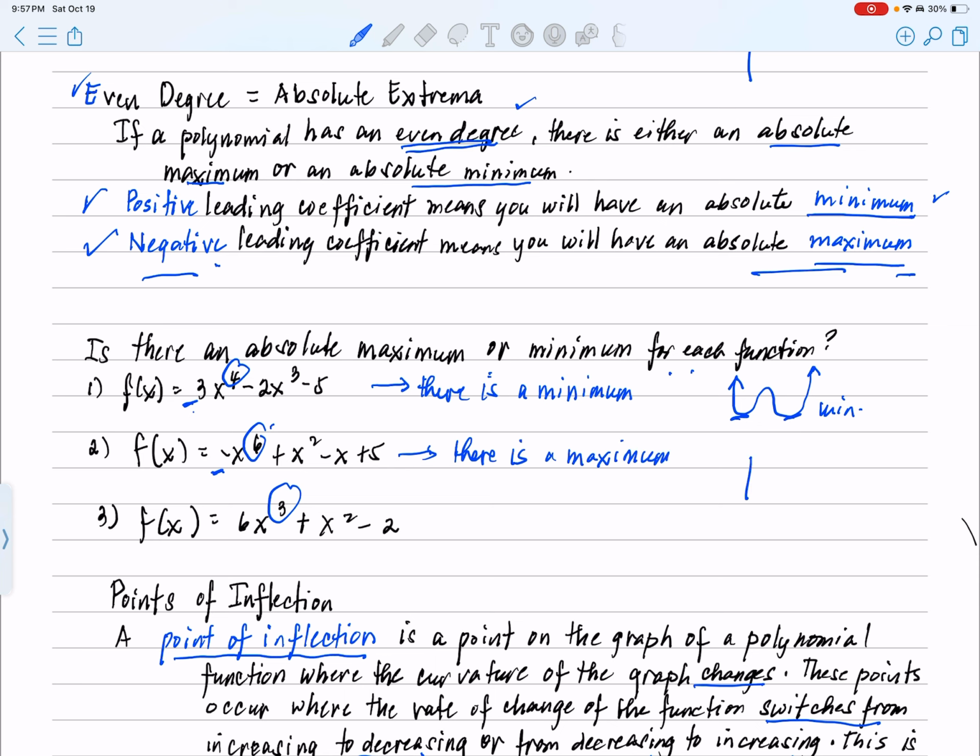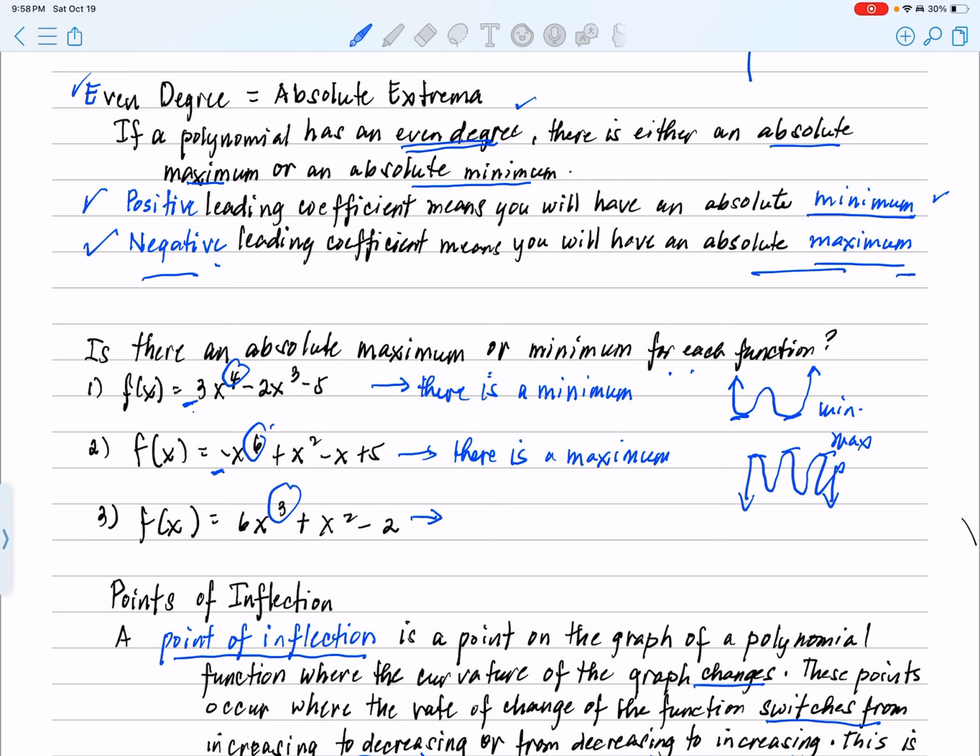So what's the arrow? Both are facing down. Okay, so if that is 6, we could say 1, 2, 3, 4. You can have that 1, 2 as your maximum. It's negative. It faces down.